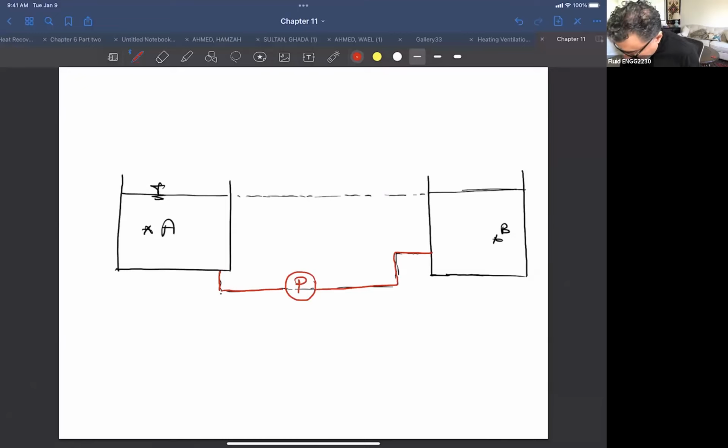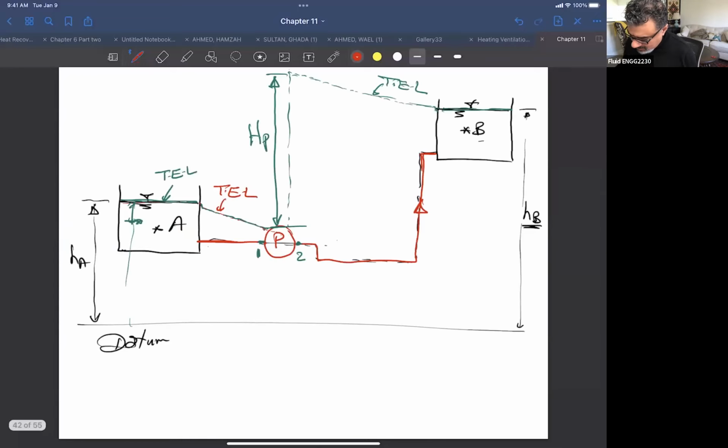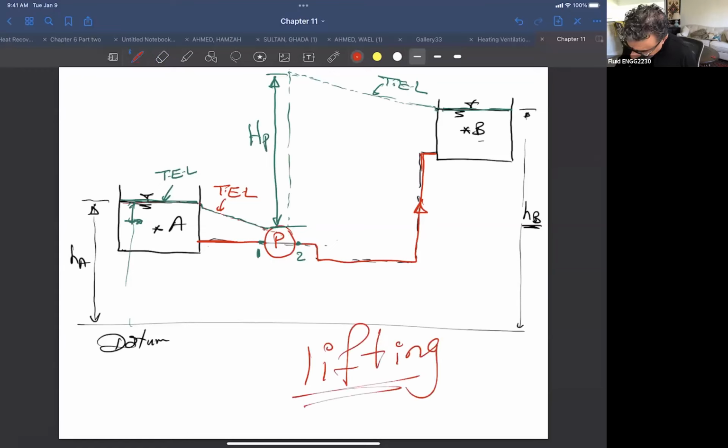So it's up to me, right? Let's assume this is the direction it is moving. So what is the pump function here? Here you are trying to lift. So the pump here is doing lifting, lifting from point A to point B.